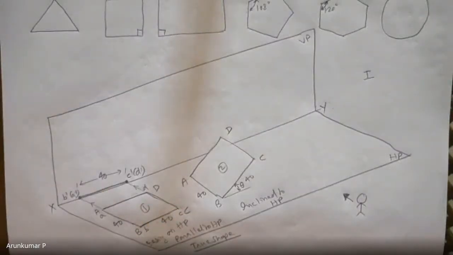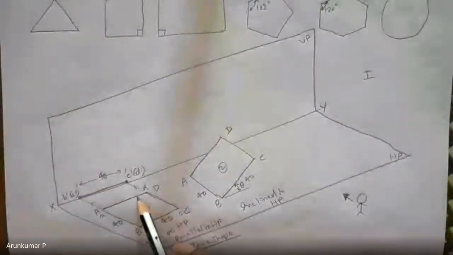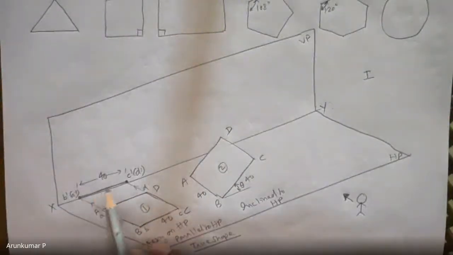Which are the two edges which are perpendicular to VP? AB and CD. So AB and CD are perpendicular to VP, whereas BC and AD are parallel to VP. Because BC and AD are parallel to VP, you are seeing this length in the front view. Otherwise, you would not have seen it.